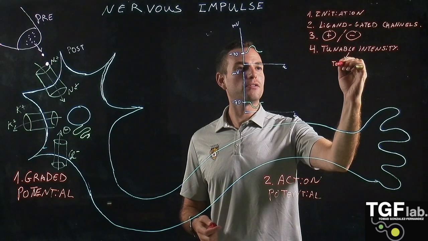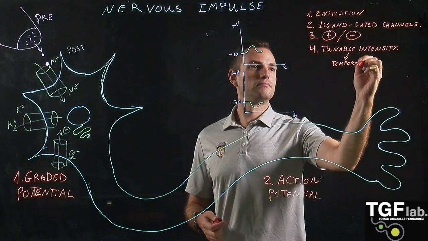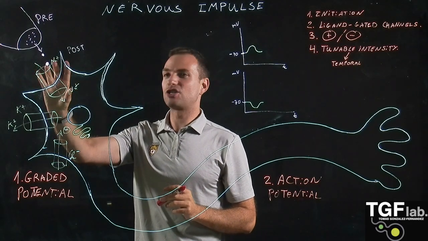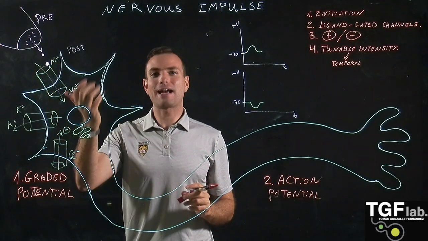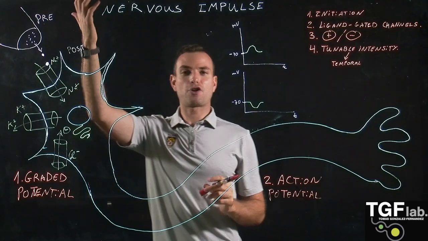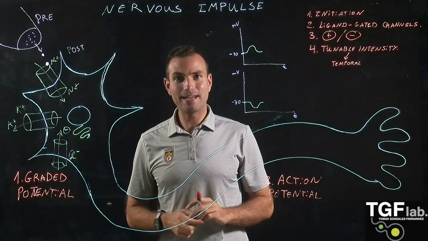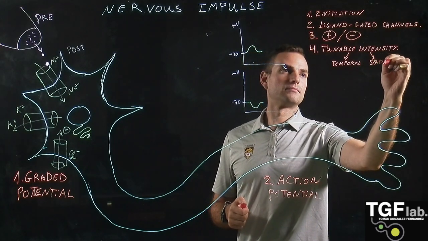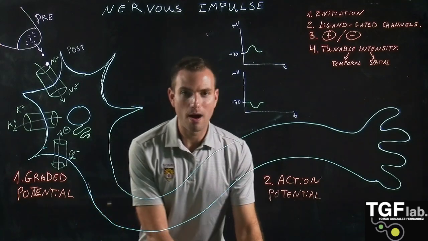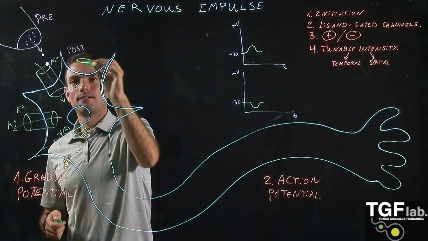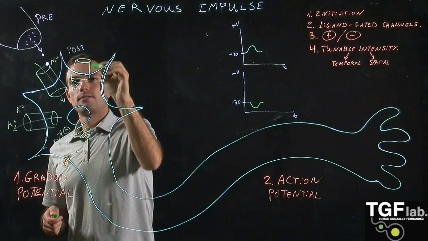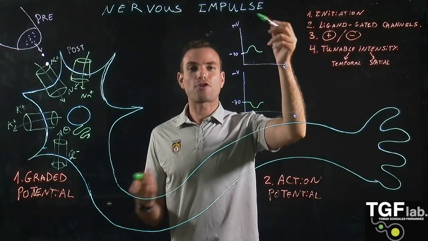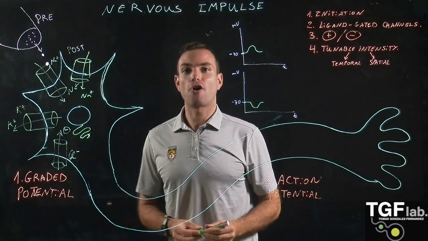It can be temporal, so it depends on how many times these channels get activated. If they activate more repeatedly, we are going to increase the intensity. And it can also be spatial. There can be more than one sodium channel activated, so if we have another, we are going to increase this depolarization further.